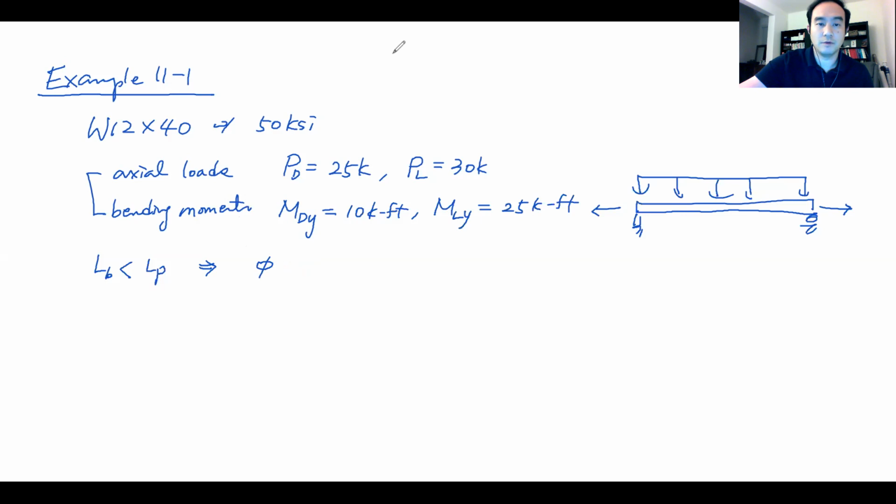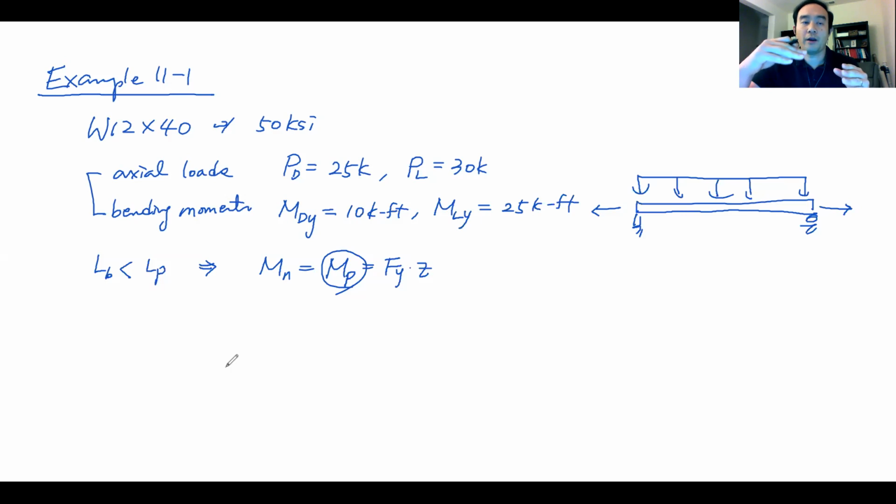I'm going to solve for both methods, so I would say Mn will be equal to Mp, which is Fy times Z. Anyway, this Mn is going to be equal to Mp. So how can we solve this problem? Is the member satisfactory? That means I introduced those two equations, right?